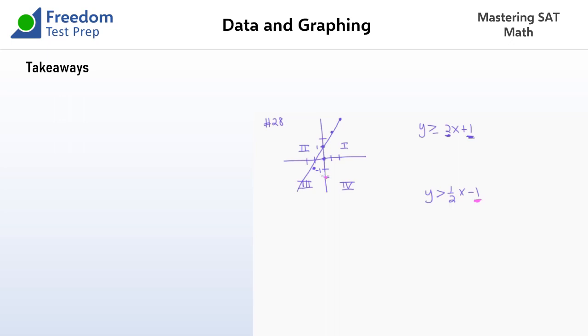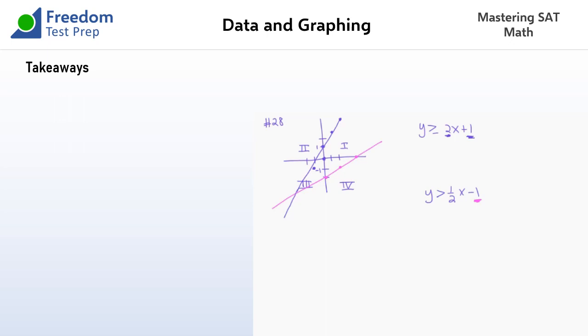So you can go up 1 and over 2, and up 1 and over 2. So it's going to look more like that, right? And that would probably intersect at some point like that.